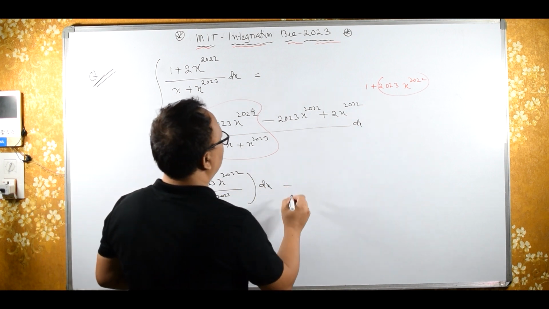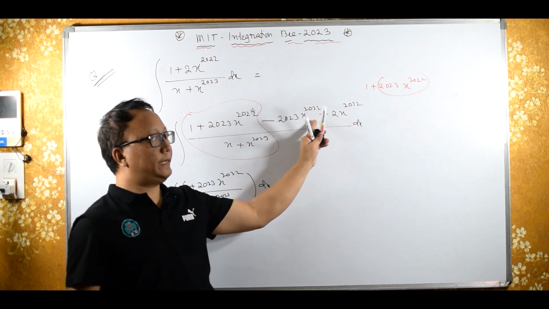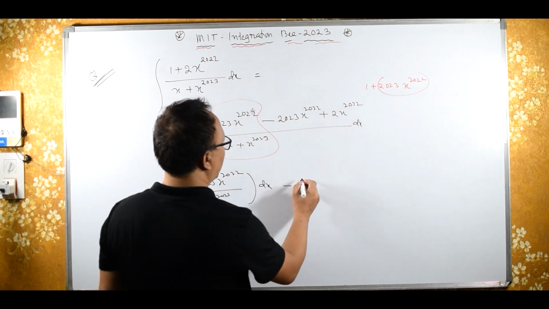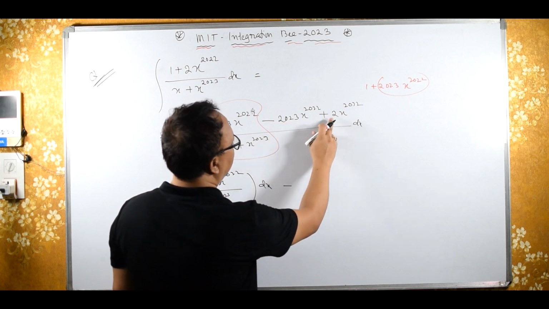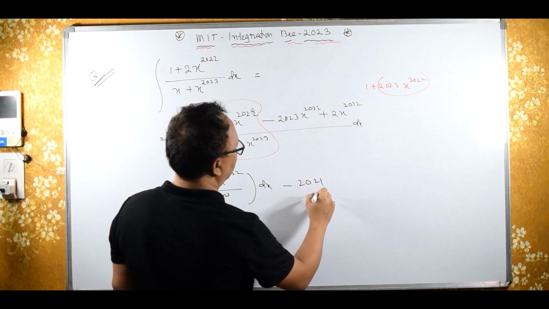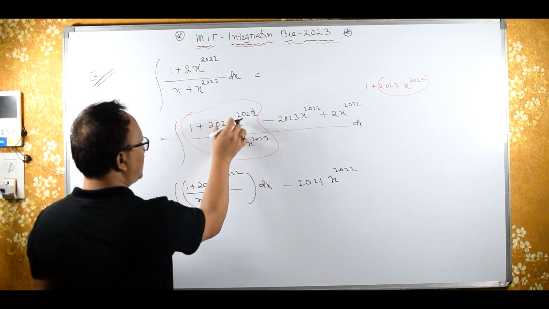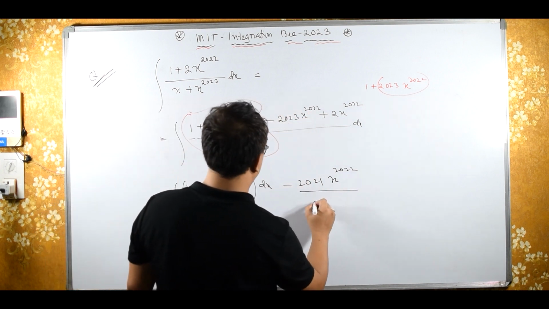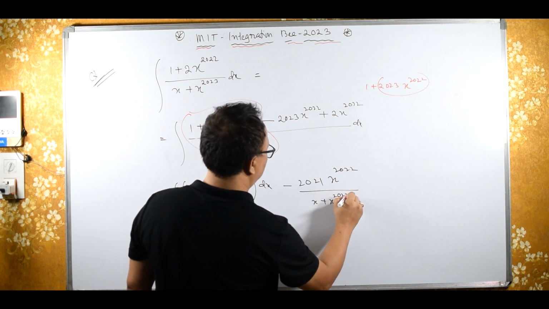Now here, if I take x raised to 2023 common, what I get is 2023 minus 2, means I will get 2021, x raised to 2022. Now I am separating this upon this. Here I will get x plus x raised to 2023.